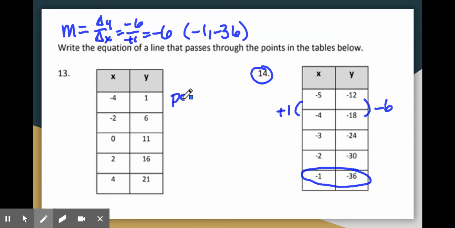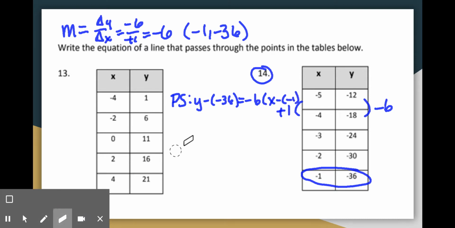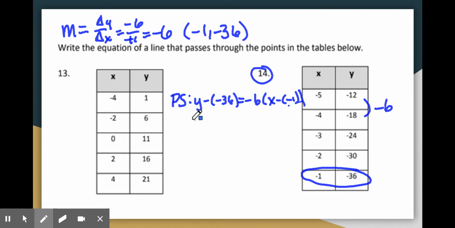So y minus negative 36 equals negative 6 times x minus negative 1. Let me clean this up a little bit. I get y plus 36 equals negative 6 times x plus 1.